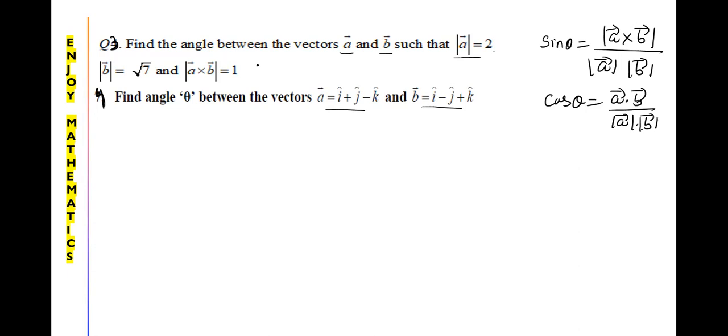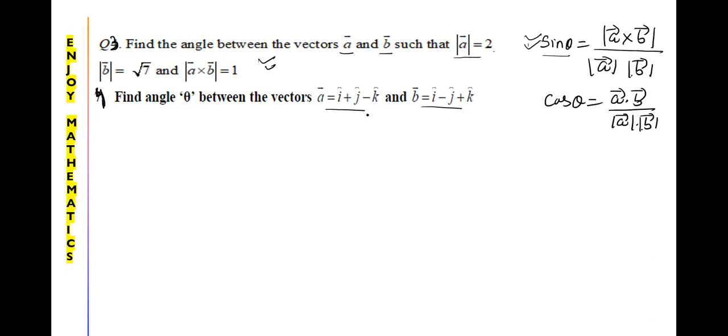Okay, so now in the third question, already we are given A cross B, magnitude of A, magnitude of B. So the right choice of the formula should be sine theta. And in fourth question, you can see find angle theta between the vectors A and B, right?